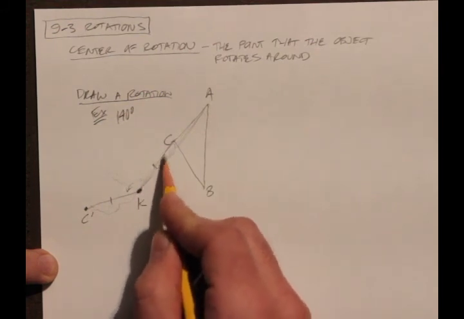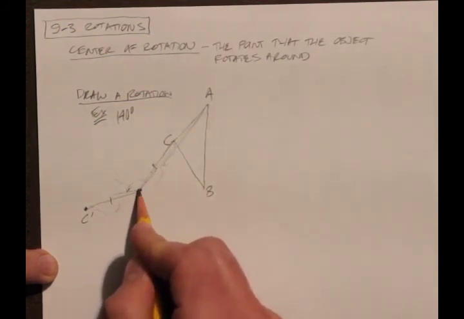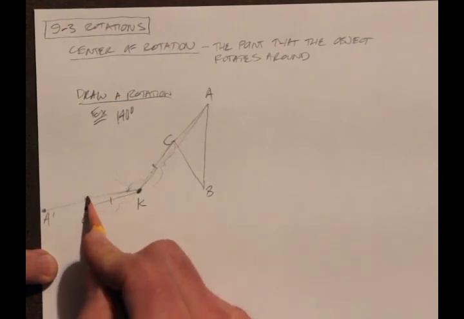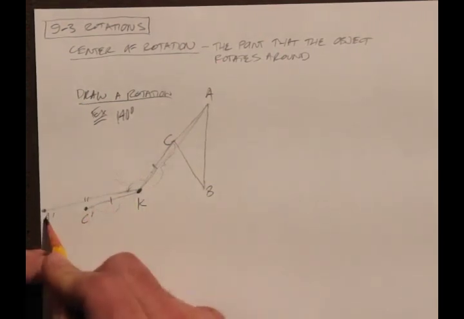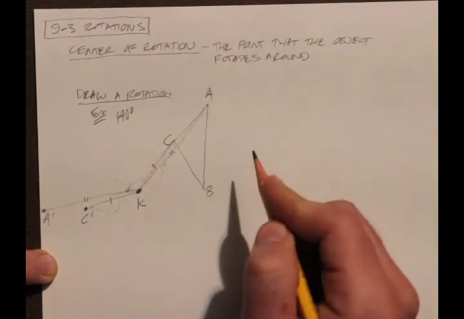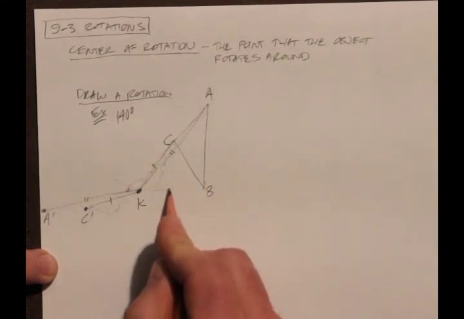So here it's a little bit behind C, so it's going to end up a little bit behind C again. And that distance is from here to way over here. So that's A prime. So this distance from A to K, from A prime to K, is the same distance as K to A. And then same thing with B.